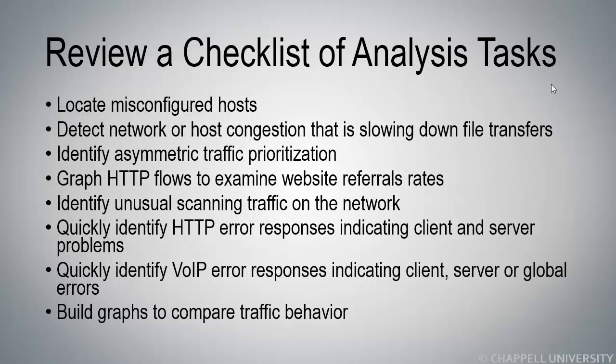Here are some additional tasks that we can perform using network analysis. You can easily find misconfigured hosts, as I showed you earlier when we detected a server that did not support selective acknowledgements or window scaling. We can also find network congestion and host congestion.